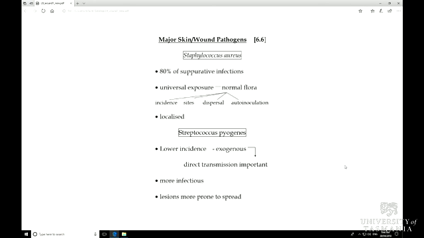Now, if you're a Staph aureus carrier, you're a risk to yourself and to other people who've got open wounds. Does that mean if you're a Staph aureus carrier you can't work in healthcare? Doesn't mean that at all. There's this notion amongst nurses that, oh, I'm a Staph aureus carrier, my career's over.